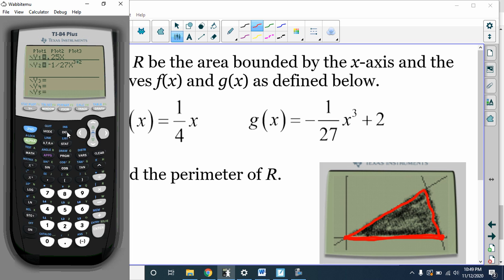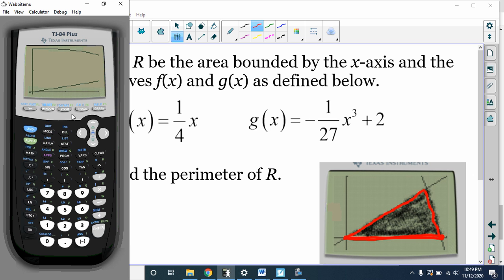Not there. And let's change our window a little bit. So there's the line, and here comes the curve.